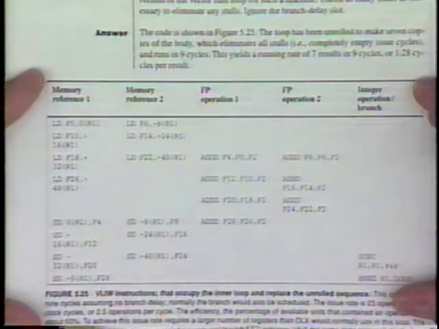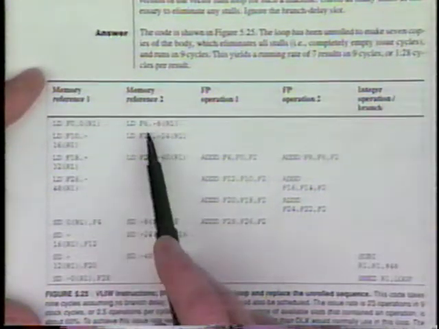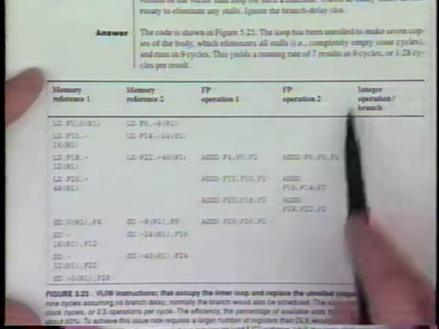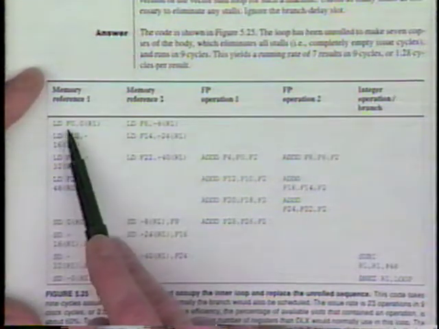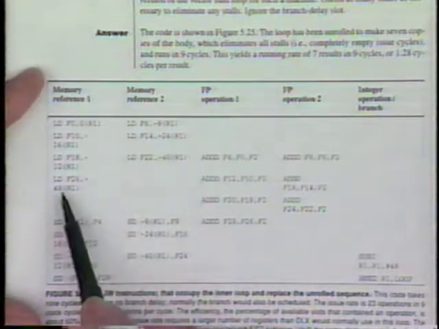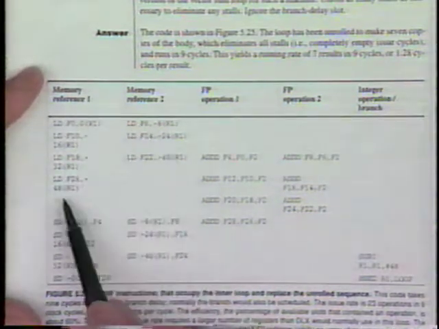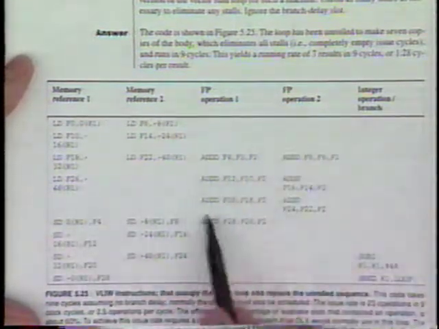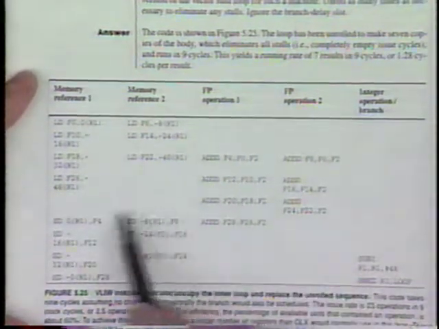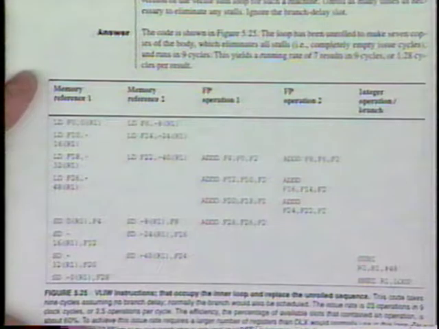This is a machine, you can focus in only on this center part here, where you can do 2 memory references at once, 2 floating point operations at once, and some integer or branch operation. So in fact, the first 1, 2, 3, 4 instructions issue a total of 7 loads, all simultaneously. And then the adds are stacked up over here, and the stores are stacked up over here, issuing 2 per cycle.